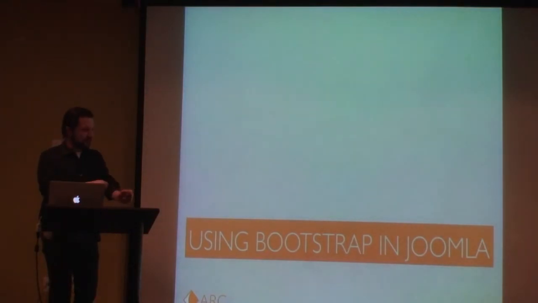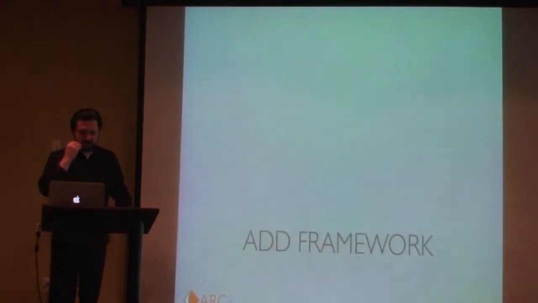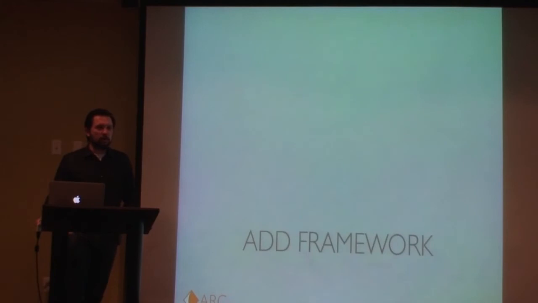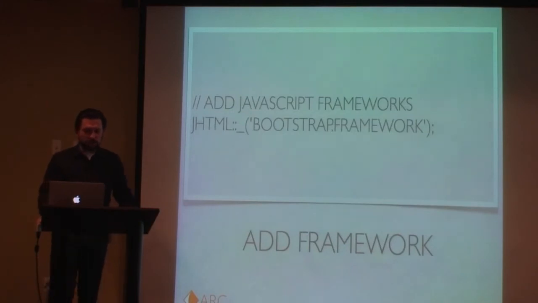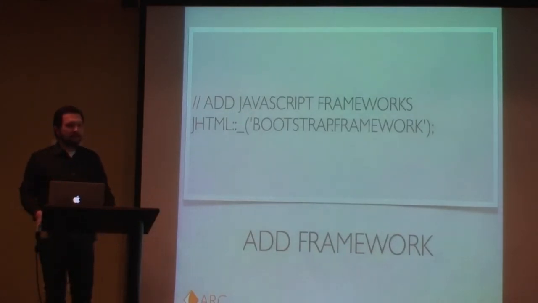Okay, using Bootstrap in Joomla. As you mentioned, it's native to the core, so it's right there. You would call it just as any other library function. If we're going to add the framework to our template page, that's the one line of code you need to get the framework attached to the template so you can start utilizing it right out of the box. No series of CSS includes or JavaScript includes.